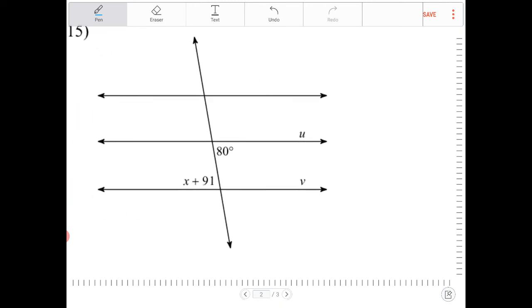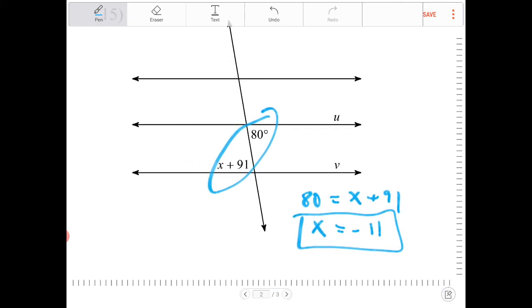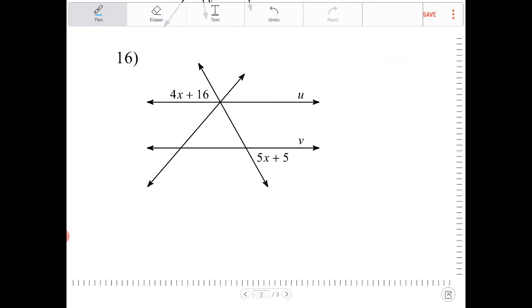Moving on to 15. These are alternate interior angles, so they are congruent. 80 is equal to x plus 91. Subtract 91 from both sides, I will end up with x equal to negative 11. And moving on. These are alternate exterior angles, and alternate exterior angles are congruent.